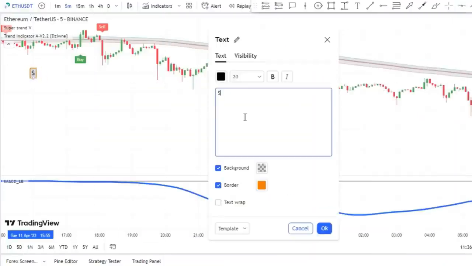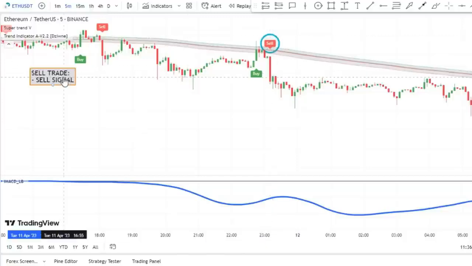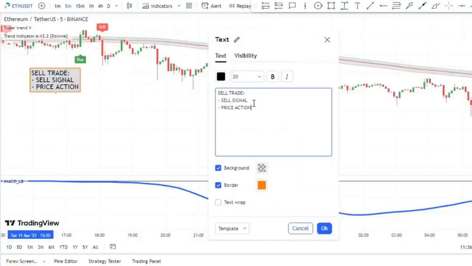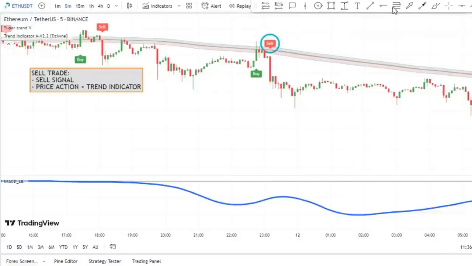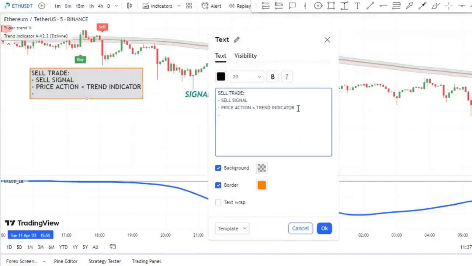And to enter a sell trade, we need to check these rules. First, we need a sell signal to be issued. Then we need to make sure that the closing price of the signal candle is below the trend indicator. For final confirmation, the impulse MACD line should be below the zero line.